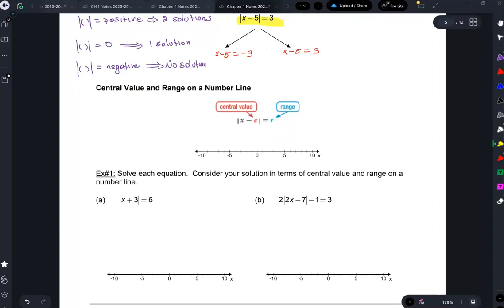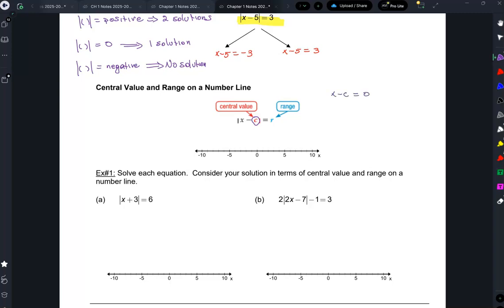So when you have x minus c equals a number, this is the central value. What you do is set x minus c equal to 0, solve for x, and that is your central value.